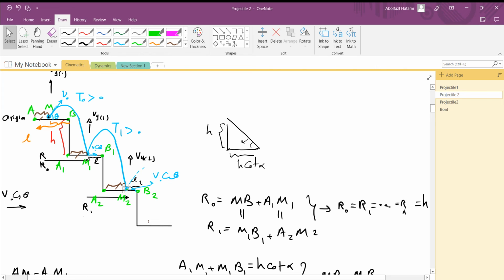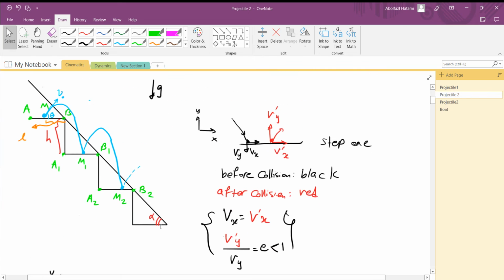R1 means that we had the first collision and are going to have the second collision. So Rn means we had the n minus 1th collision and are going to have the nth collision, but we don't have the nth collision because the ball passes the nth step.